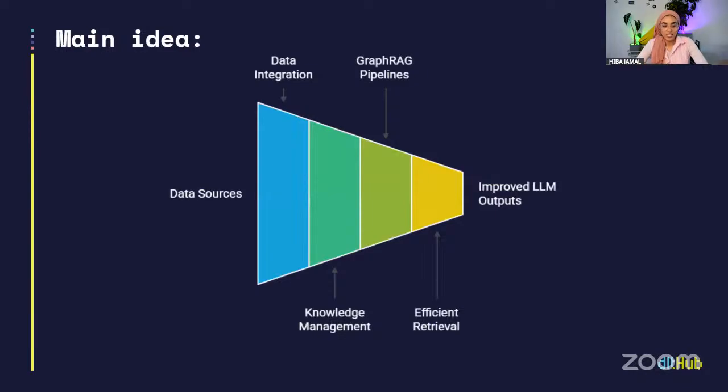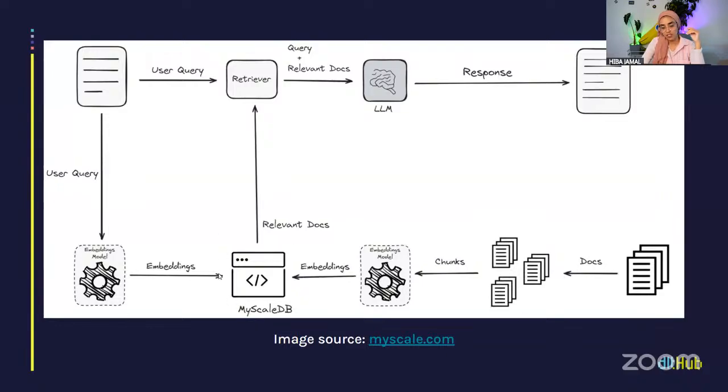So the main idea behind Cognee is, again, you have your custom data sources, and then that gets ingested or integrated to some sort of a knowledge base. In the previous example, it would be this vector database here that would store all of the vectors that are in your docs.